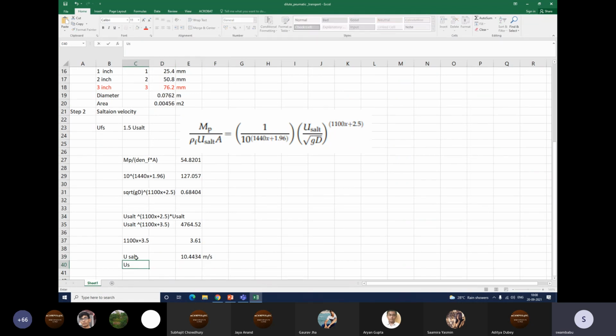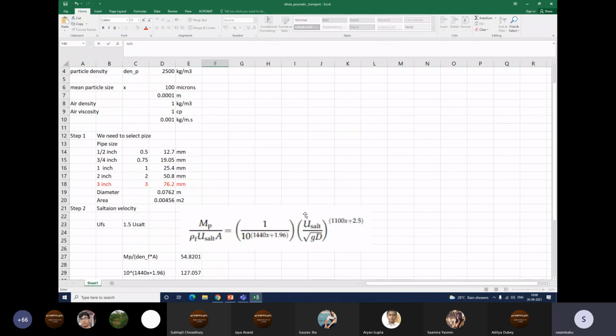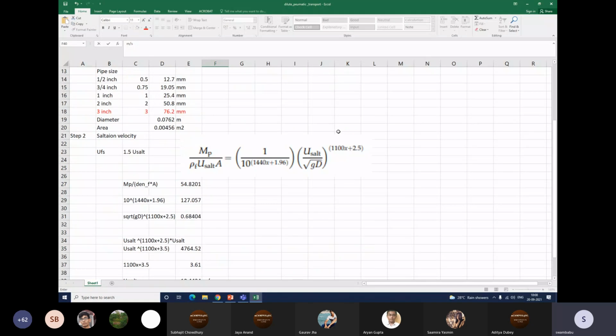U superficial, the gas velocity, will be 1.5 times this. So 15.66. This is coming around 10 to 15. That means my initial assumption could be acceptable. Not sure, could be acceptable. We'll only finalize after calculating the delta P.